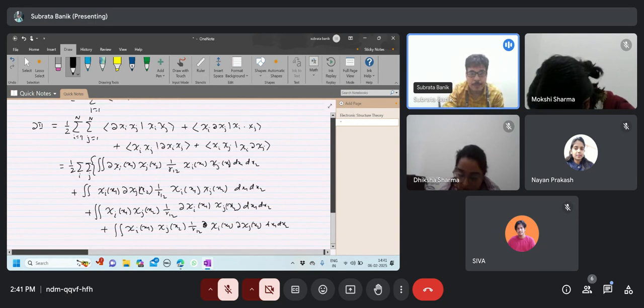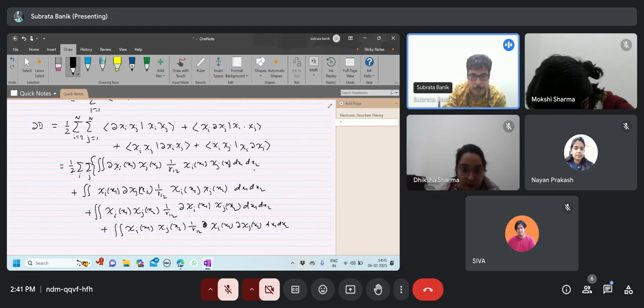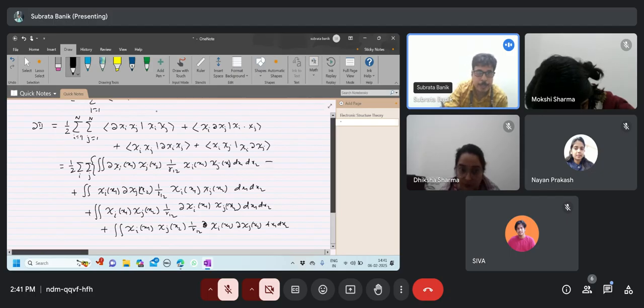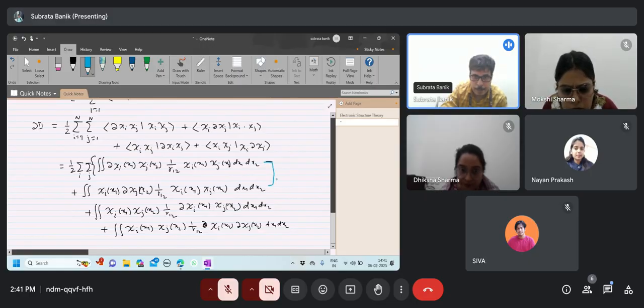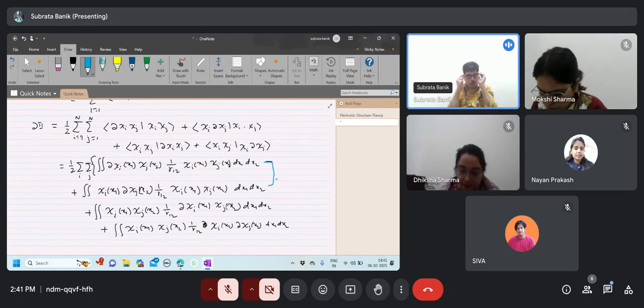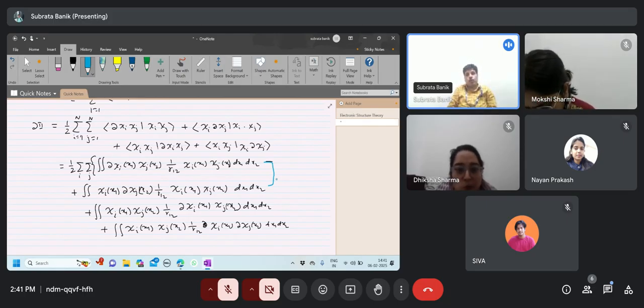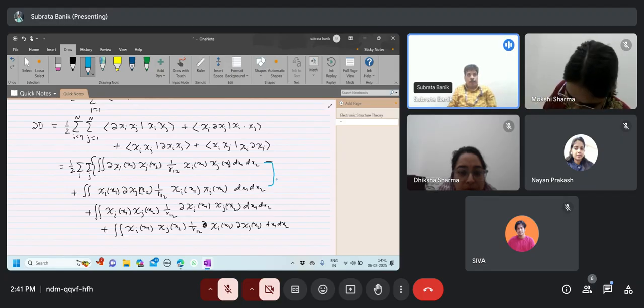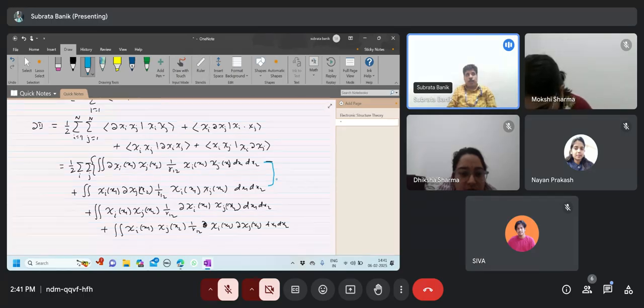Let us analyze the first term and the second term. If you change i into j, or 1 into 2, basically both are dummy variables. x1 and x2 are dummy variables, because we are integrating over x1, x2.